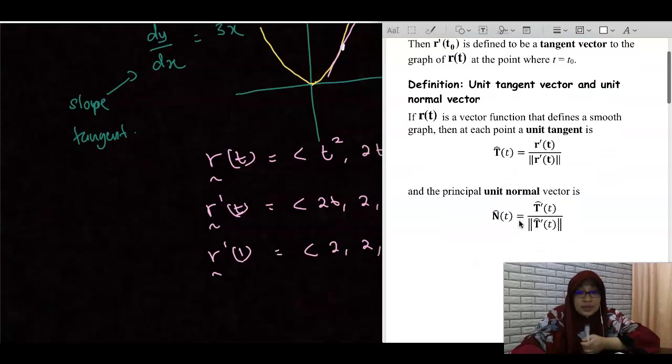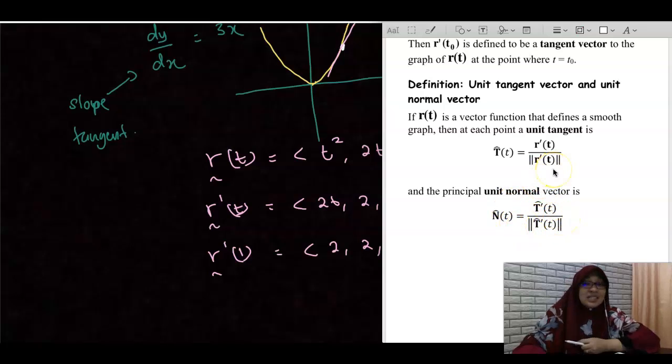Now we look at the unit normal. For the unit normal, you use your unit tangent, differentiate it, and then evaluate its magnitude. Then you divide them: the differentiation of the unit tangent divided by the magnitude of the differentiation of the unit tangent gives you the unit normal.